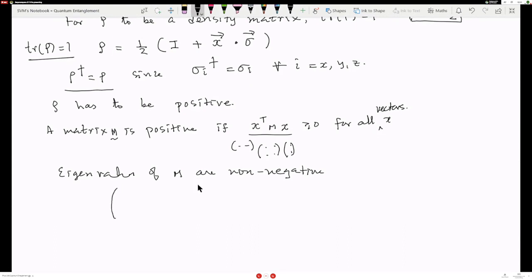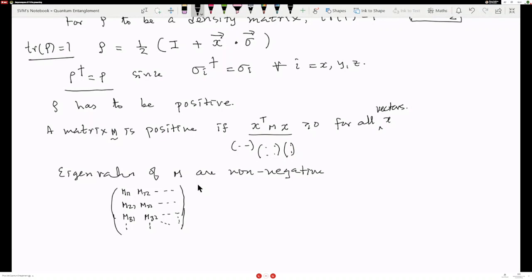Suppose you have your M like this. So let's say this is M11, M12, and so on. M21, M22, and so on. M31, M32. So let's say that you have a matrix like this.